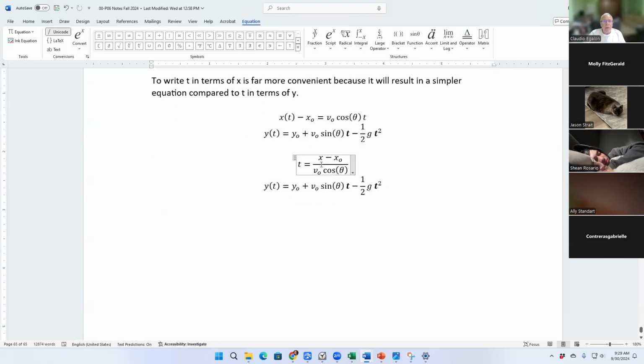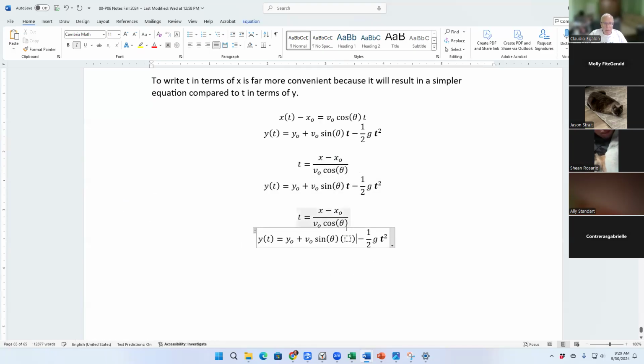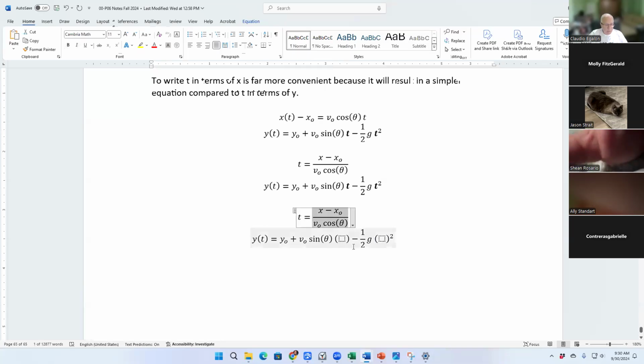The next step is to plug this t right in here. I'm going to copy that, paste it, and replace the t here and the t here. One t is going to be linear.